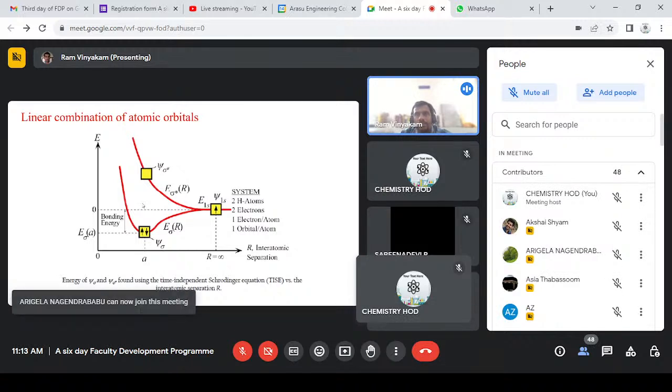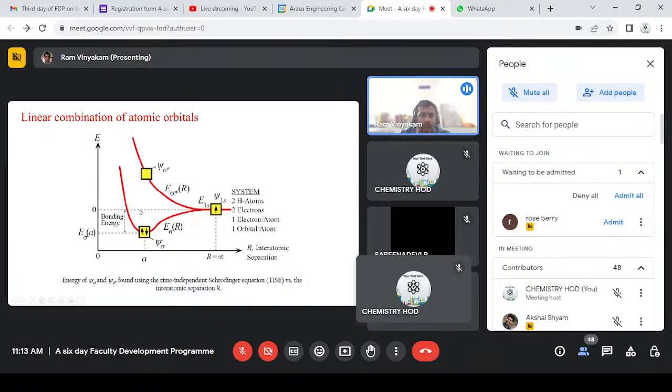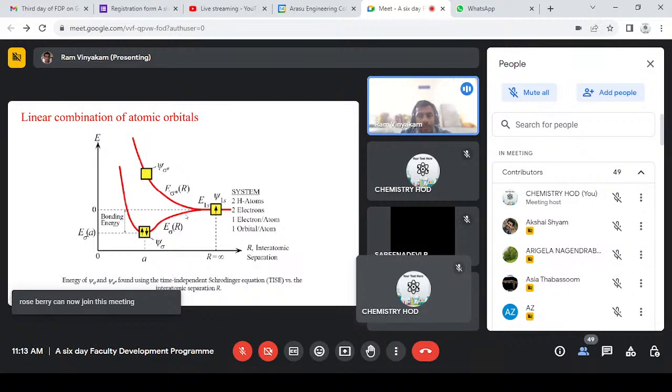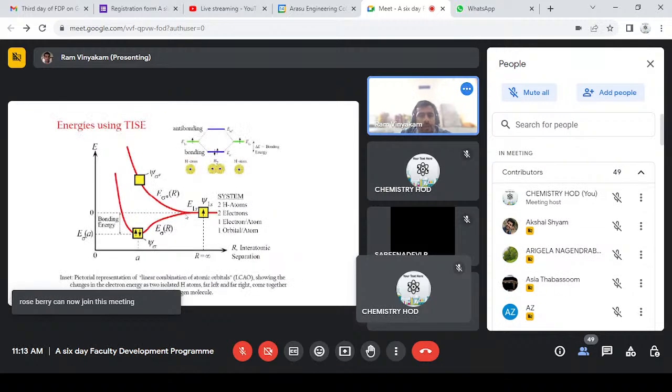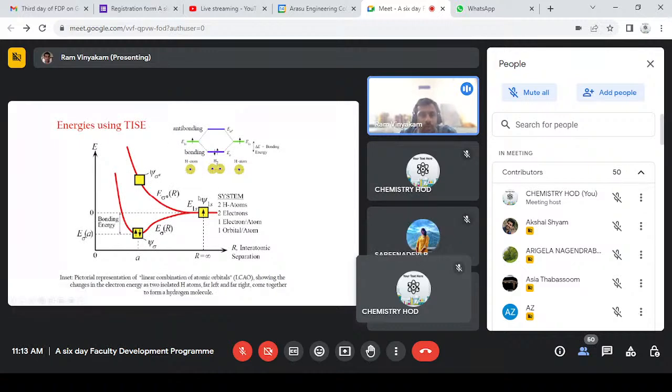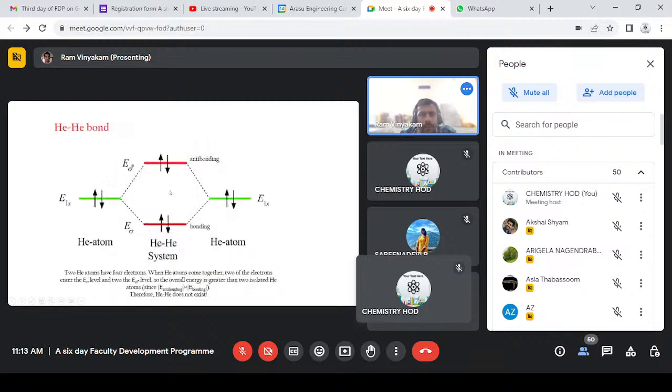In the 1950s, there were many more examples, and what we call density functional theory gives us a solution to accurately calculate the energies of these electrons when they are involved in interactions. I skipped this part. You all know about the bonding energy level and the anti-bonding energy level.